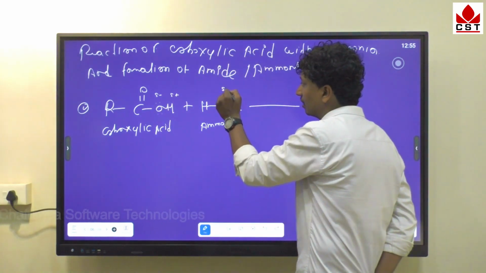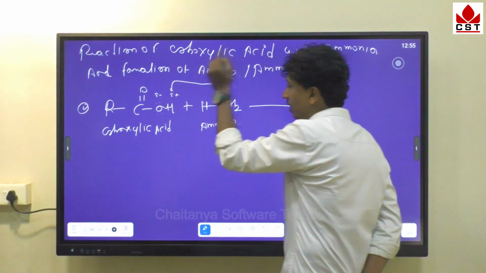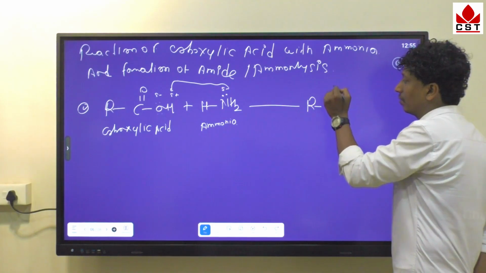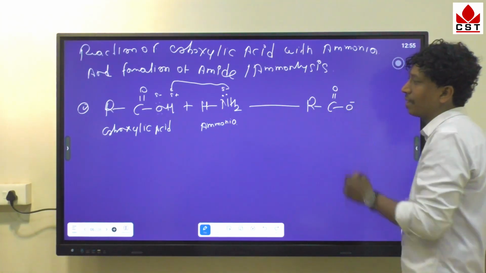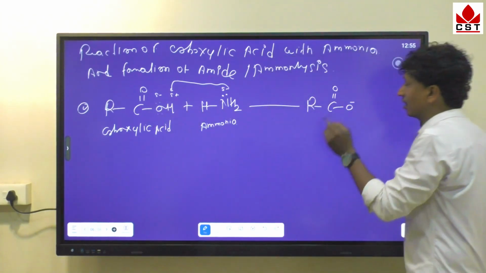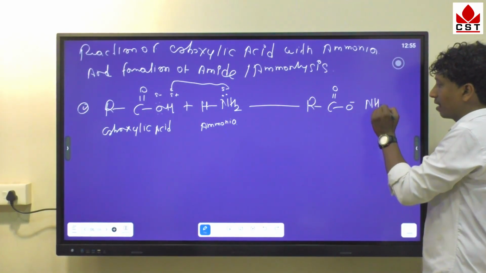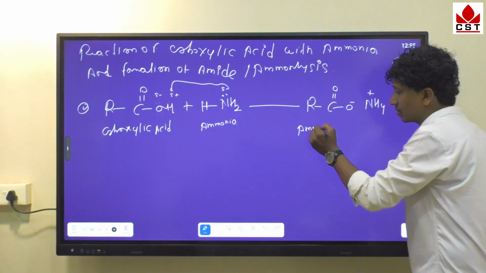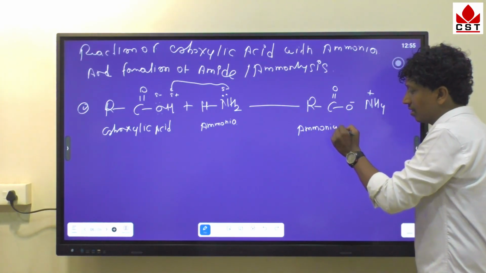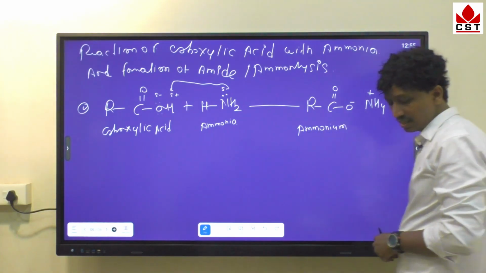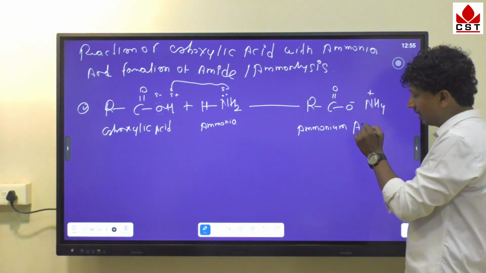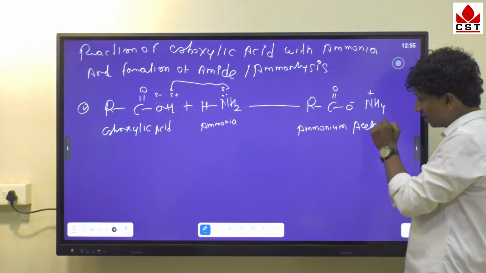The delta negative abstracts hydrogen from the RC double bond O, giving O minus, and NH3 gains H to form NH4 positive. This is your salt, ammonium acetate, in general the ammonium salt.